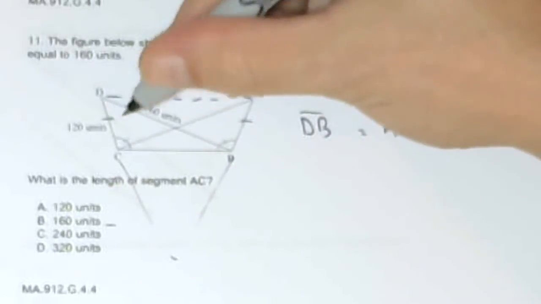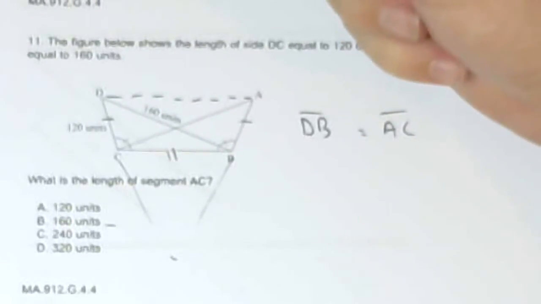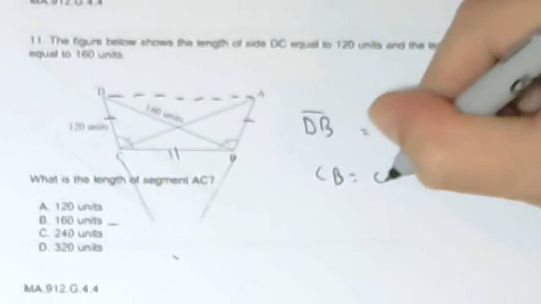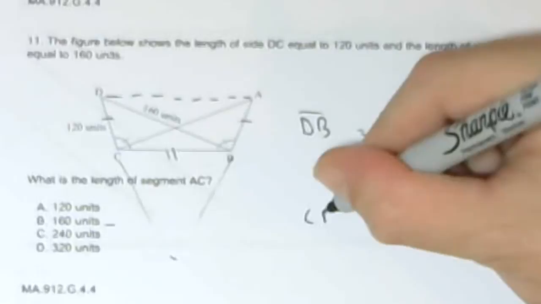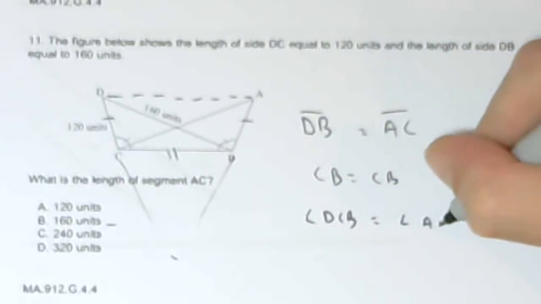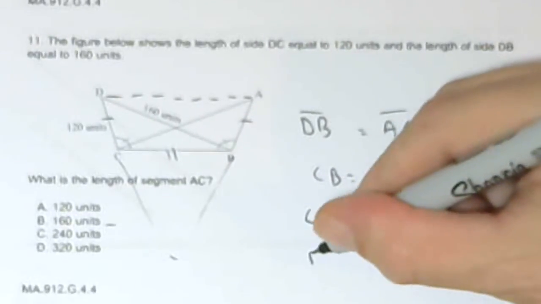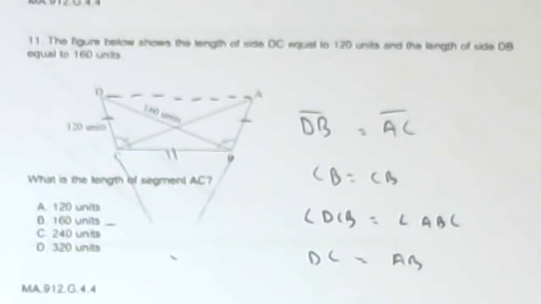I have these sides equal, and I have this side equal to itself. CB is equal to CB. This is not a complete proof by any means. Angle DCB is equal to angle ABC, and it's given that DC is equal to AB.